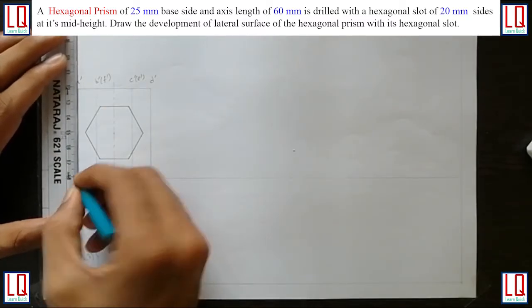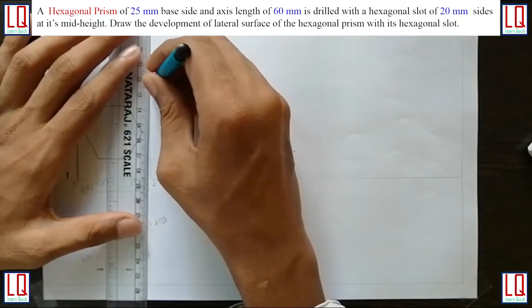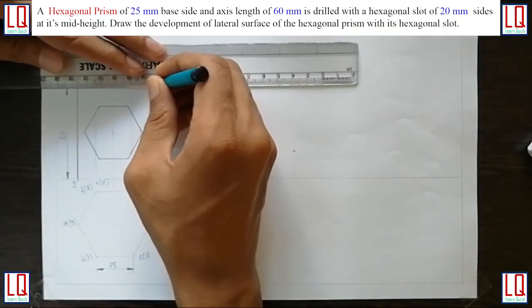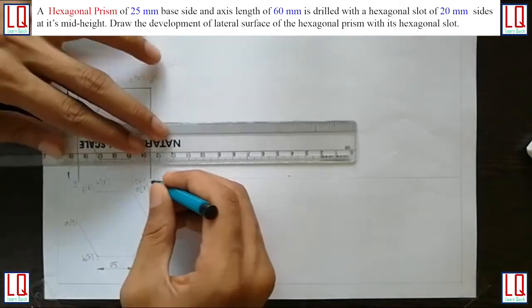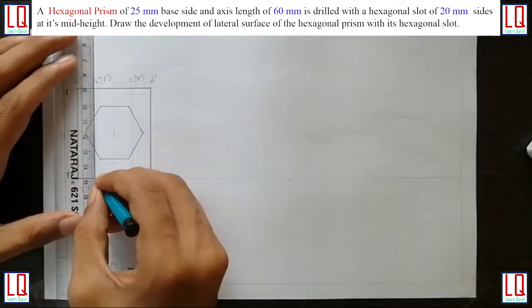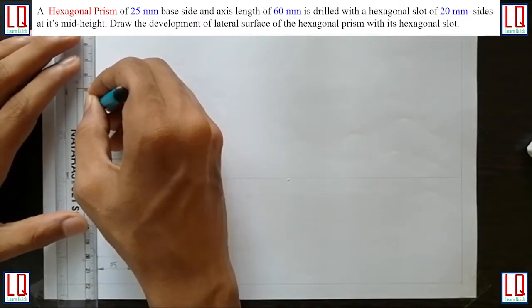First I highlight the edge AG, edge DJ, the top hexagon, the base hexagon, and the vertical edges, so whatever is remaining apart from the hexagonal slot.